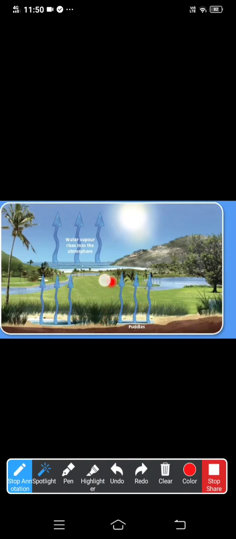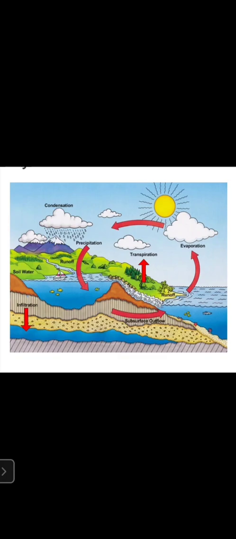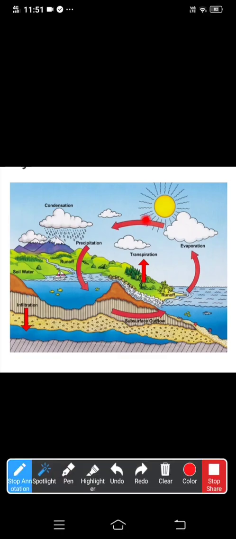So when water vapor reaches the higher level, it condenses due to contact with cool air and forms small drops of water. These tiny droplets remain floating in the air at higher levels of the atmosphere and appear as clouds. So that is the main process of how evaporation is taking place.